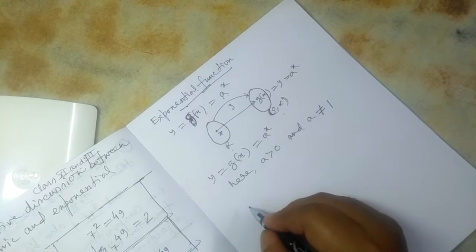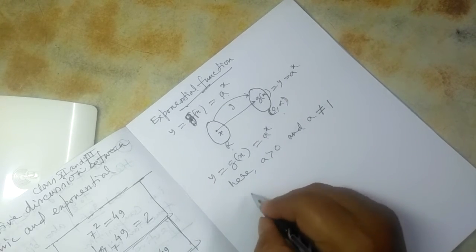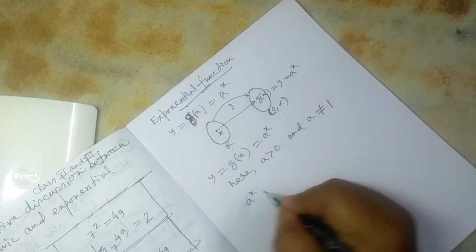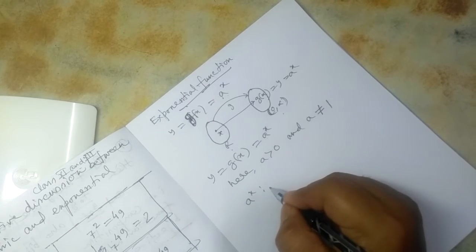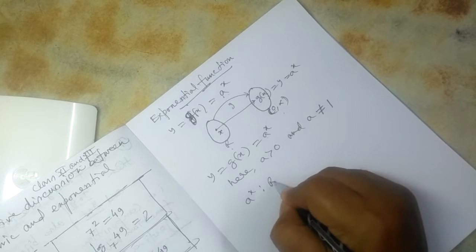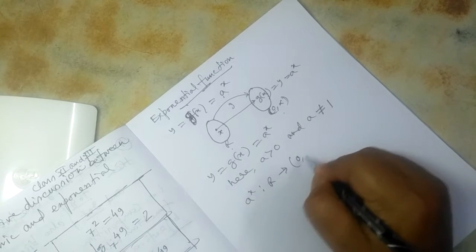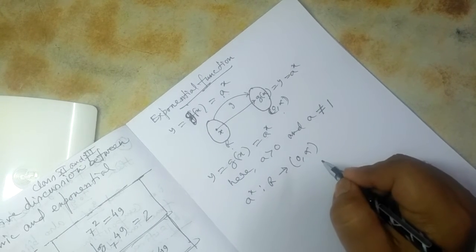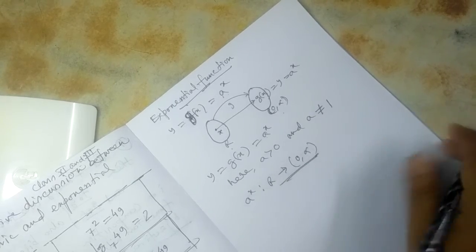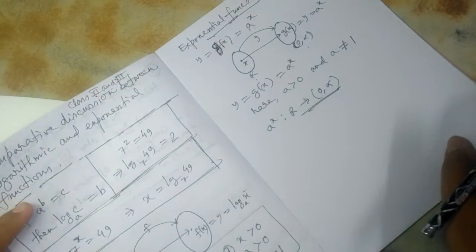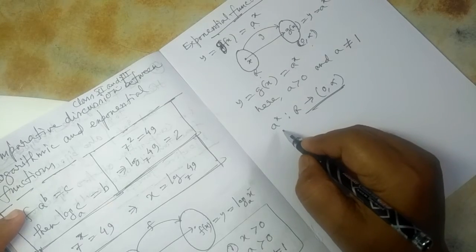That means the function a to the power x is a function from R to 0 comma infinity. This is very important. This is the exponential function.